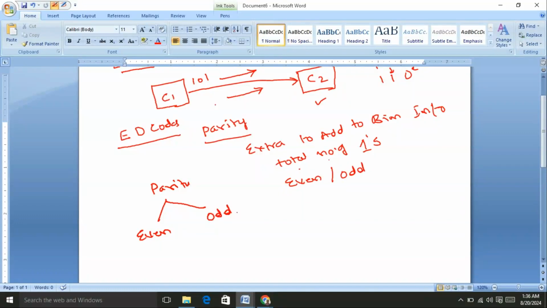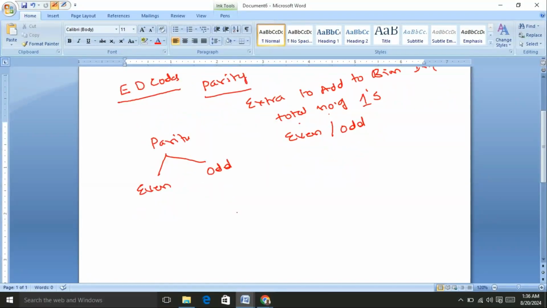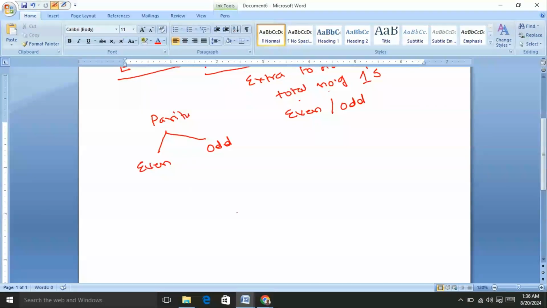What do you mean by the even parity? Suppose after adding the one extra bit, the total number of ones in the information is an even number, then it is called the even parity.